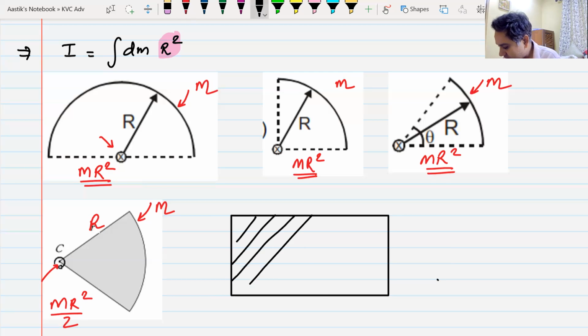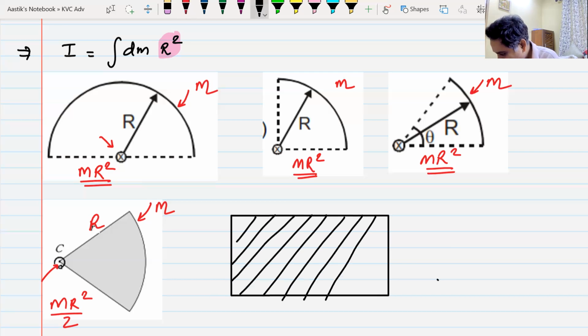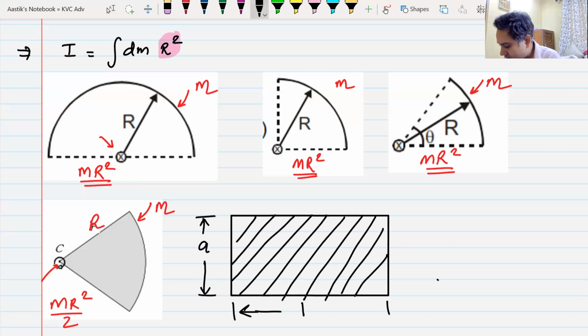So it is solid. The breadth of this plate is A. The length of this plate is B. The mass of this plate is M.